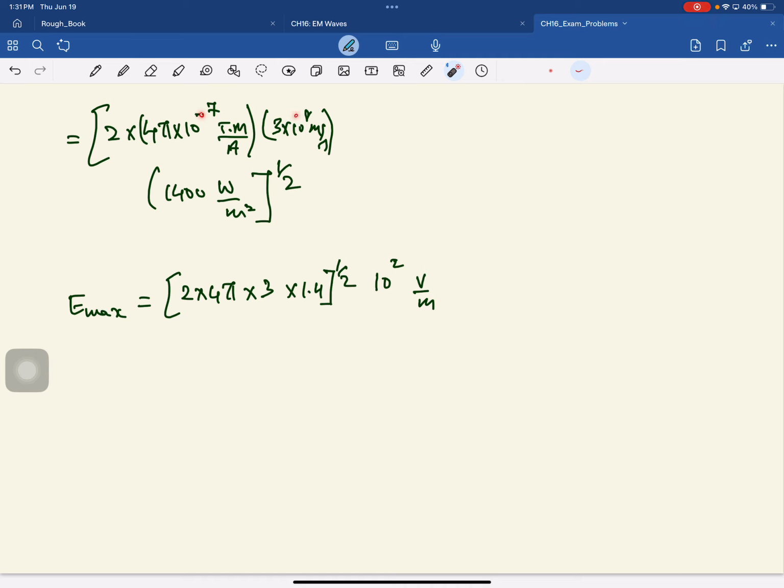Again, this is 10 to the 1 and plus 3, 10 to the 4. So that's about a thousand volt per meter.